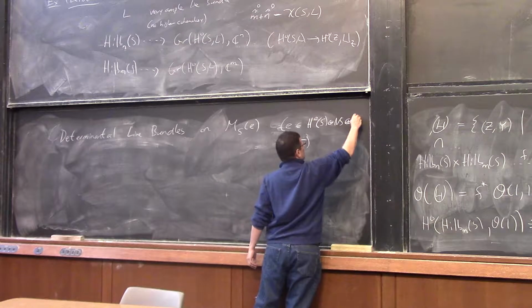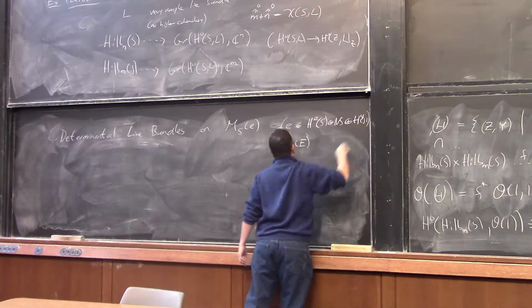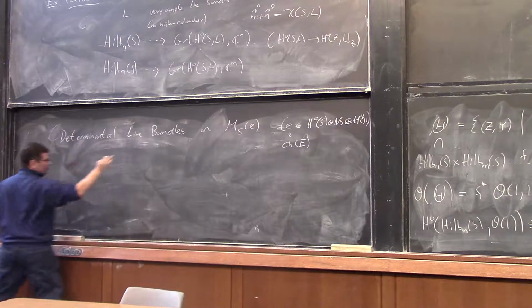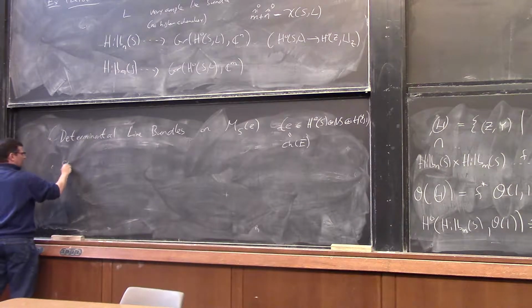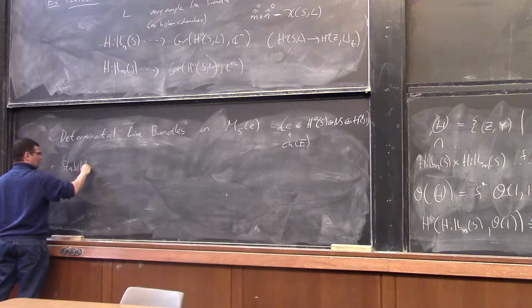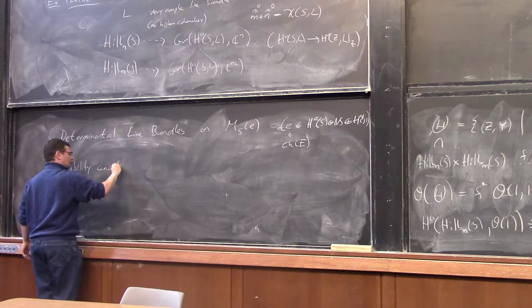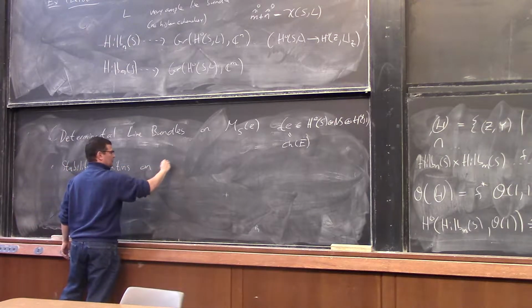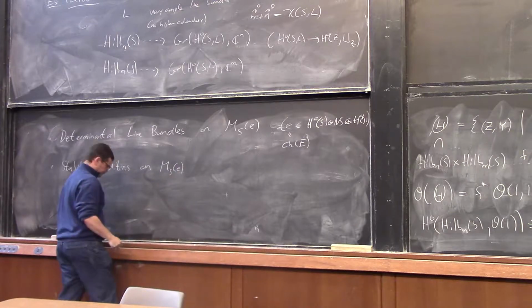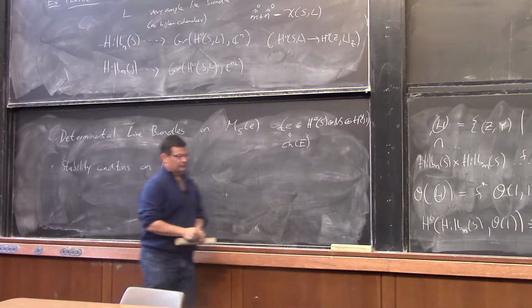It's inside wherever it is. So I want to talk about determinant line bundles on moduli, and I also want to talk about stability conditions on moduli. So let me first start with determinant line bundles.